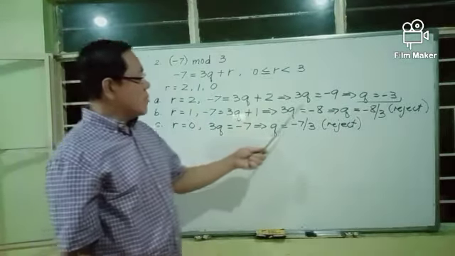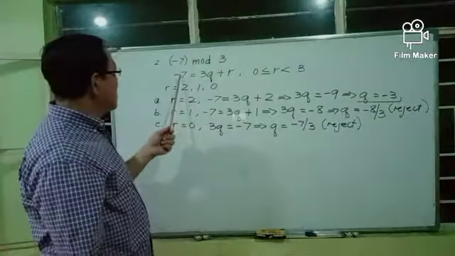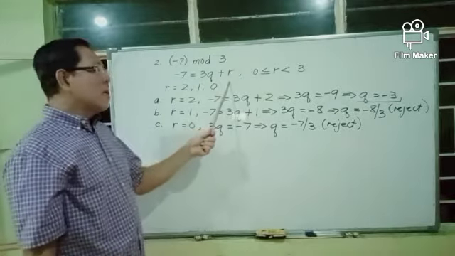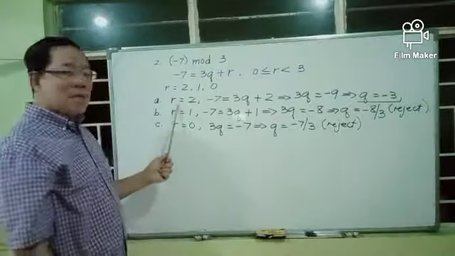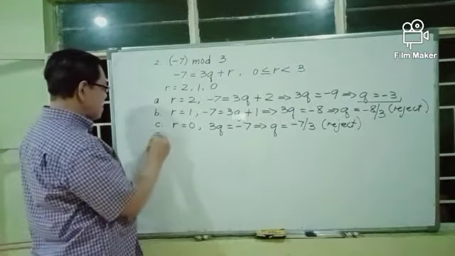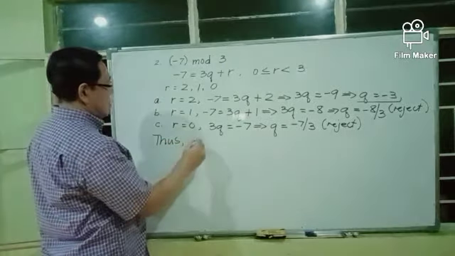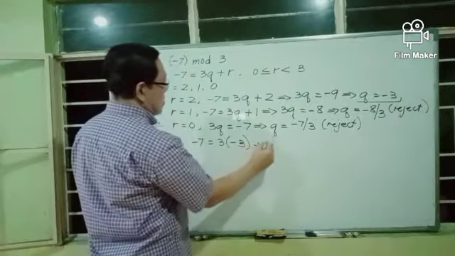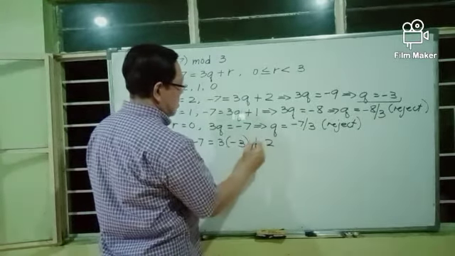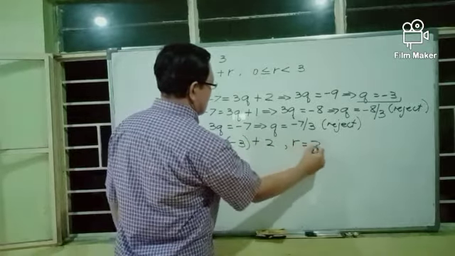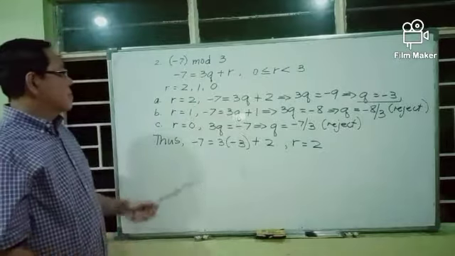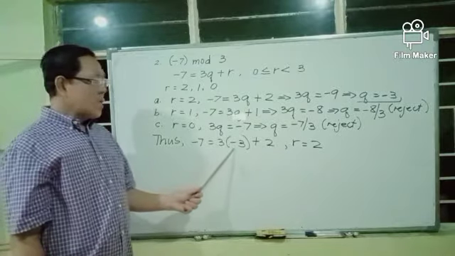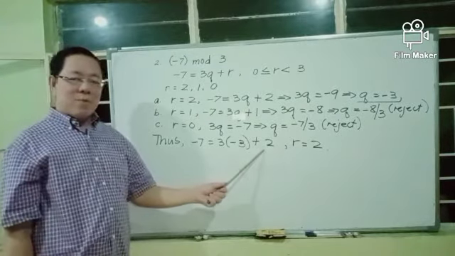So the only acceptable value of q is negative 3, and we now write negative 7 equals 3 multiplied by negative 3 plus r. Q equals negative 3 when r is equal to 2. Hence, when negative 7 is divided by 3, the quotient is negative 3 and the remainder is positive 2.